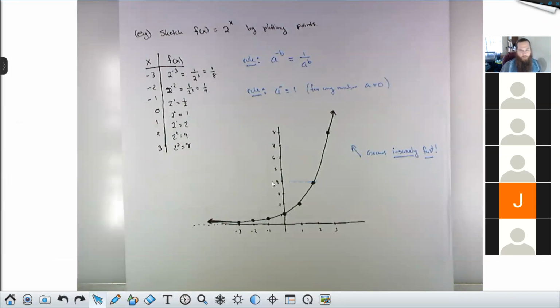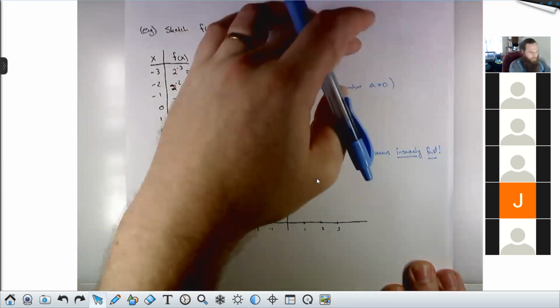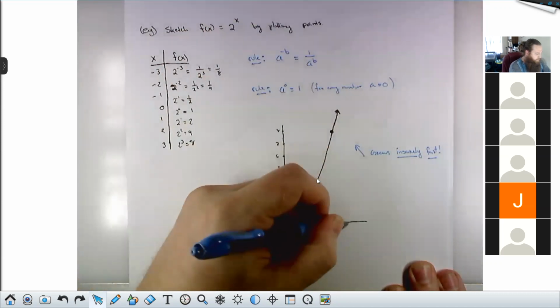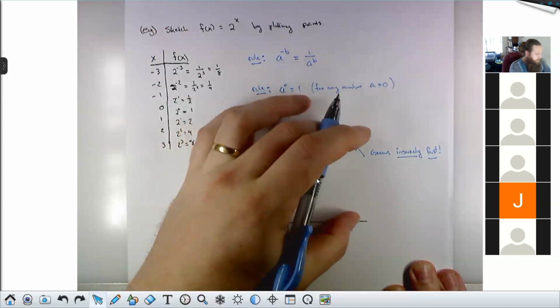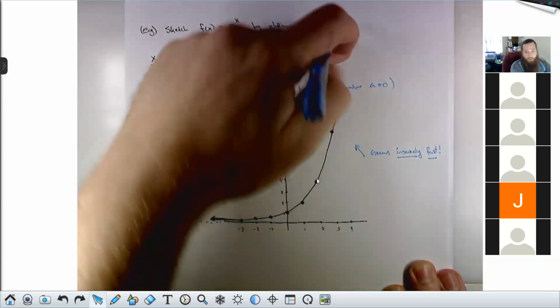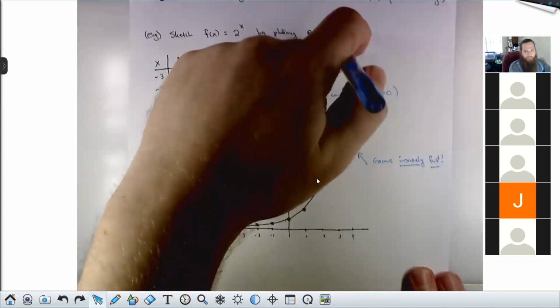So this point is twice as tall as this point. This point is twice as tall as this point. The next point, if you double the height, would be way over, where is it? So if I come over 1 more, and I double that height, the next point would be up here. And the one after that would be off the top of the page.